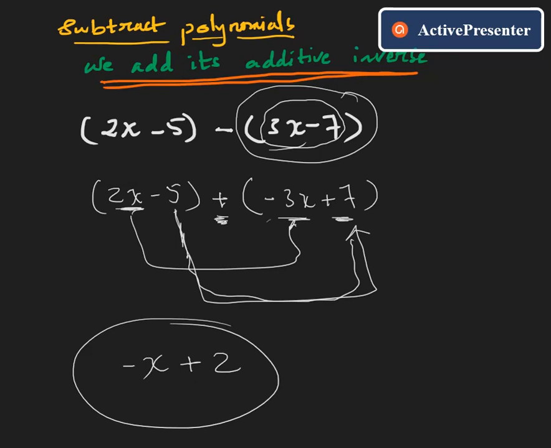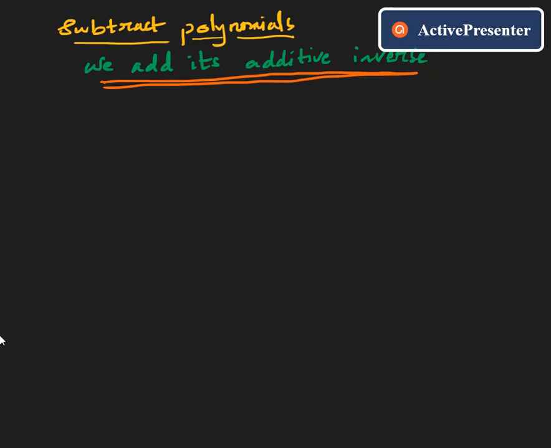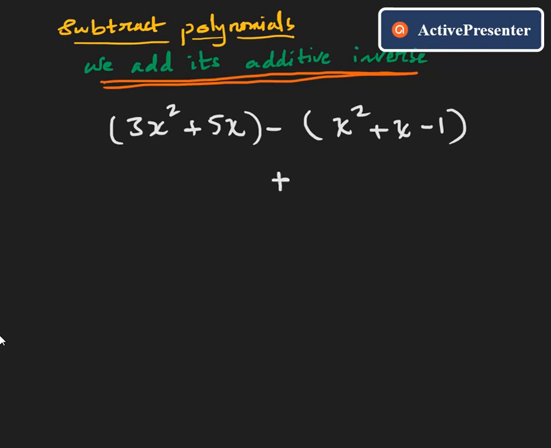Another example: if I tell you to subtract 3x squared plus 5x from minus x squared plus x minus 1, when you subtract, you add the additive inverse.